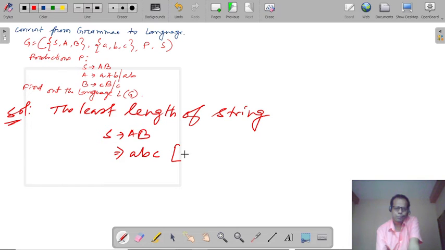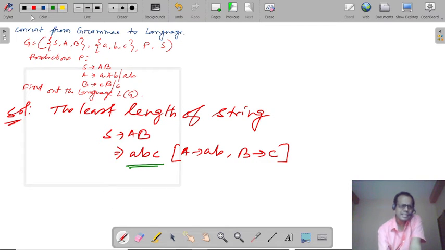So we are considering the production A implies ab and B implies c. These are the productions we used here. So this is the least length of the string. Then other strings.